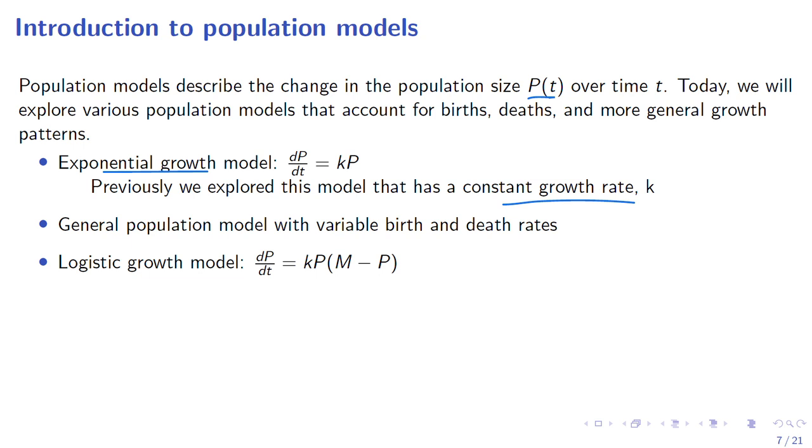Now, that's what we discussed before, and we're going to learn about that more today as well. In addition to that, we're going to talk about some general population models with variable birth and death rates. For the exponential growth model, it was a constant growth rate. And we are also going to learn a new model which is known as the logistic growth model.